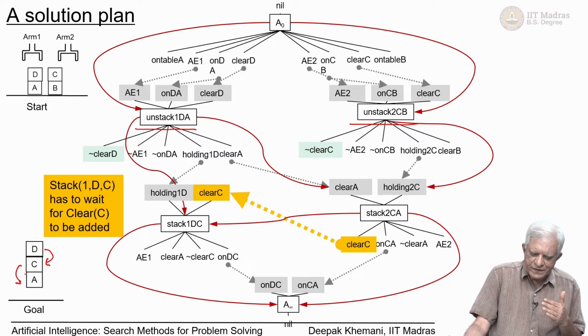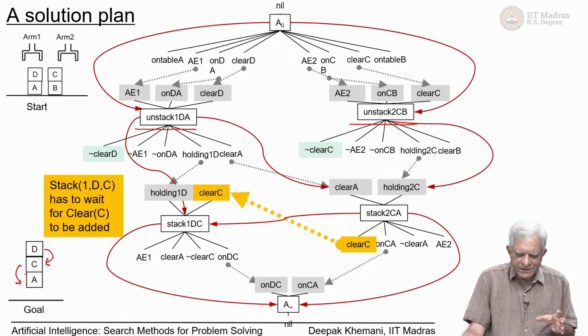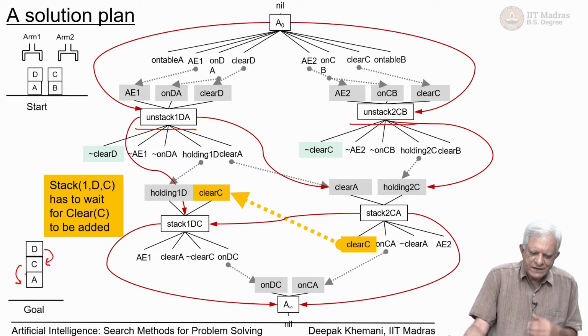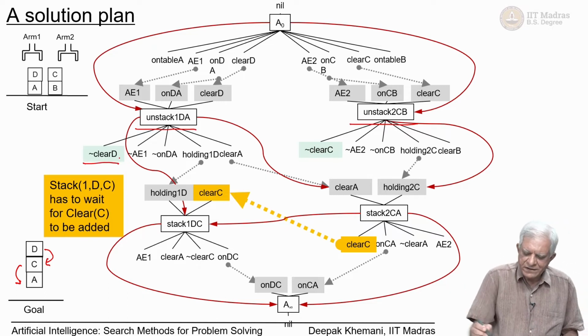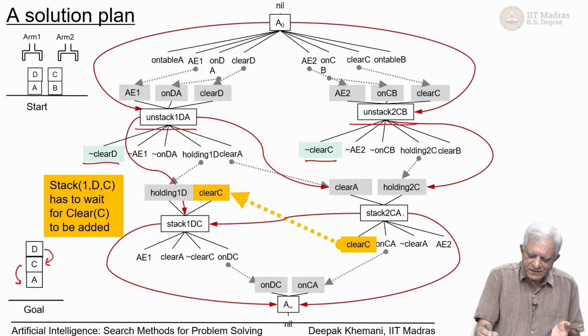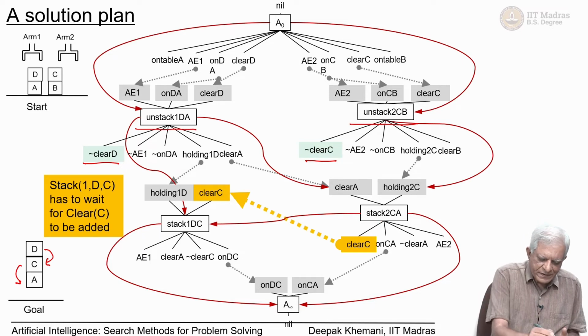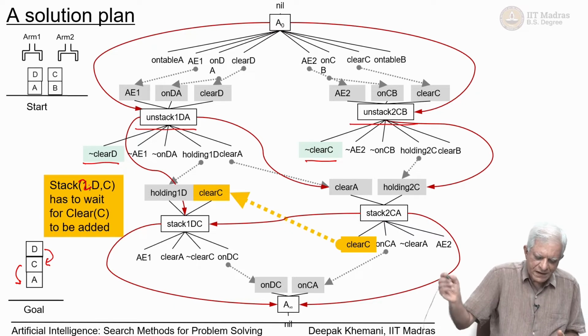So, if you are going to delete that predicate which is shown in the green, that if you are unstacking D from A, you are deleting clear D, and likewise you are deleting clear C if you are unstacking C from top of B. Now, you can see that the stack, this should be stack 2 because the second arm is stacking this thing.